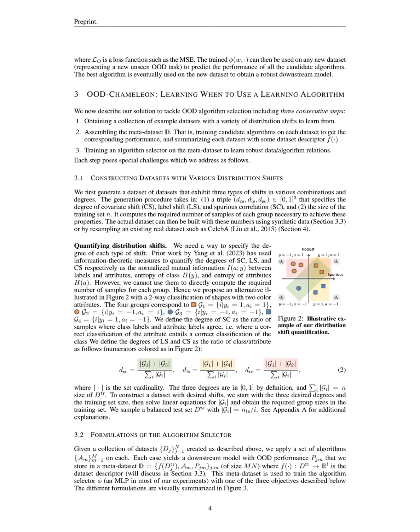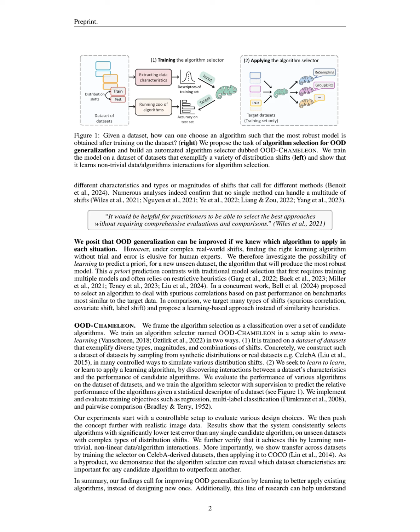To illustrate the inner workings of the OOD-CHAMELEON algorithm, consider a scenario where we have a dataset of images depicting cats and dogs, with varying degrees of covariate shift (CS), label shift (LS), and spurious correlations (SC). The first step involves constructing a dataset of datasets that exemplifies these shifts, where we generate multiple datasets with different combinations of CS, LS, and SC, such as a dataset with a high CS due to varying backgrounds and a low LS where the labels remain consistent.